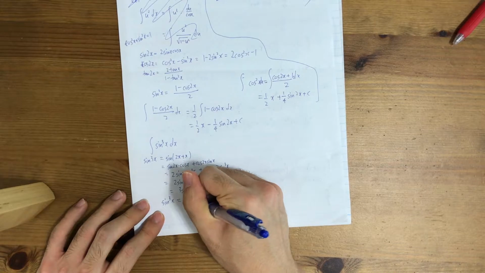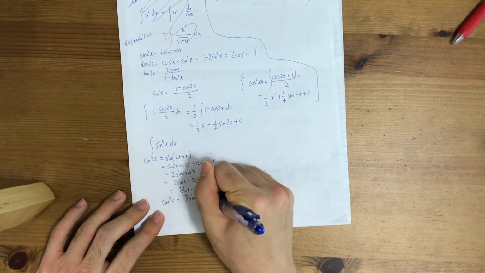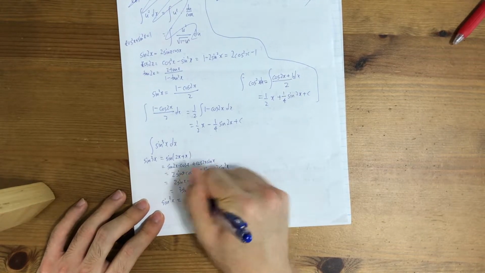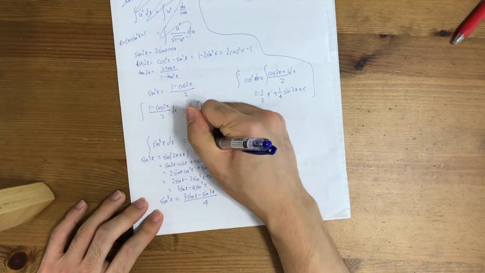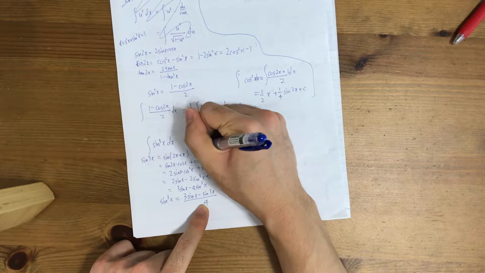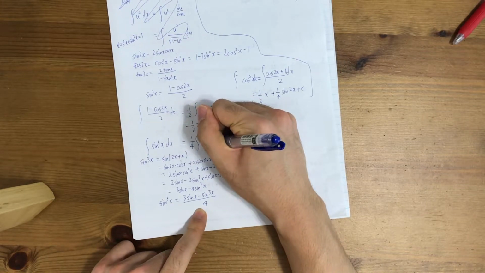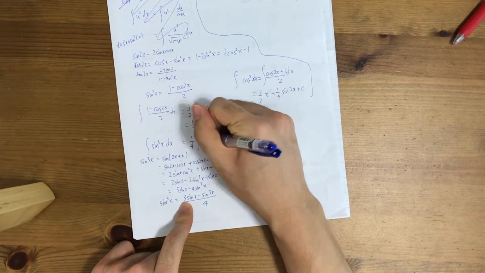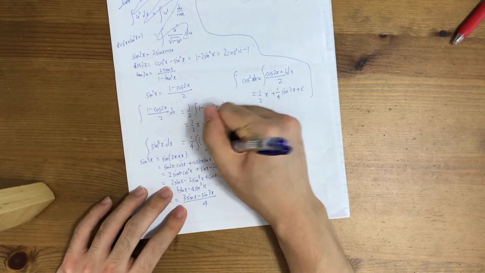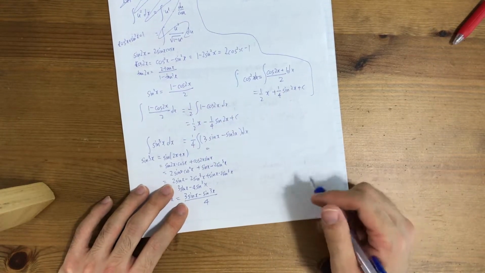Then rearranging this, sine cube x equals 3 sine x minus sine 3x over 4, and you're just integrating this, and that shouldn't be that difficult. We have this coefficient, so just move it out. And again we have some other coefficients, but let's just keep it. I don't want to write too many integrals.